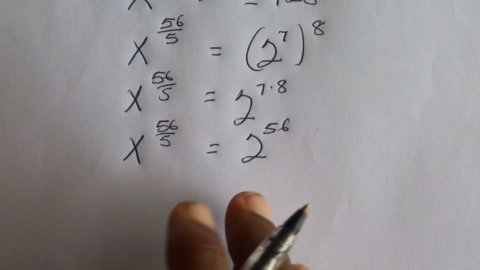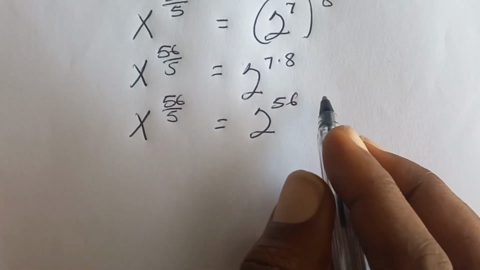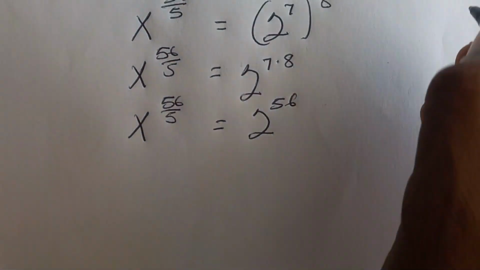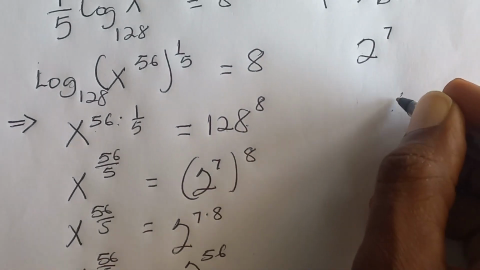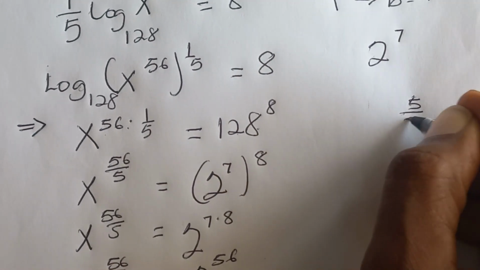So now we are going to multiply the exponent by the reciprocal of 56 on 5, which will be 5 on 56.